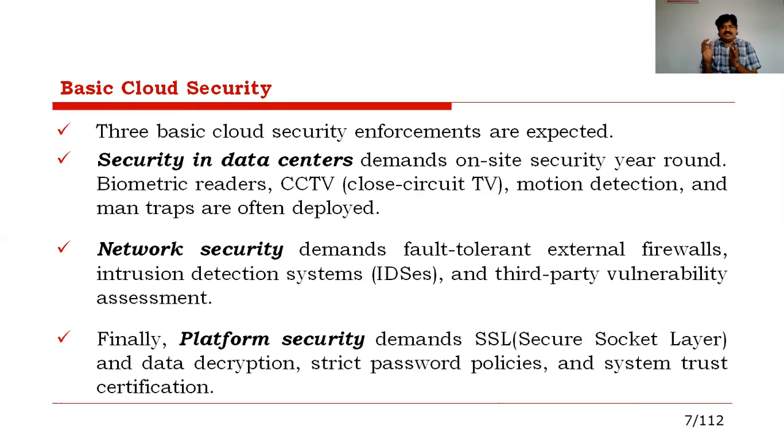These motion detection sensors will capture any movement that occurs near the radius of the data centers hosted in the cloud, detect the motion, and send an alert to the authorized person to protect the data in the data centers. Another one is man traps. If unauthorized persons enter the data center, it will automatically send a response to the authorized cloud person; man traps are often deployed.